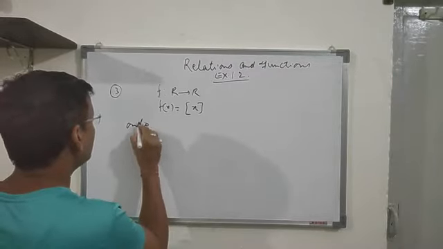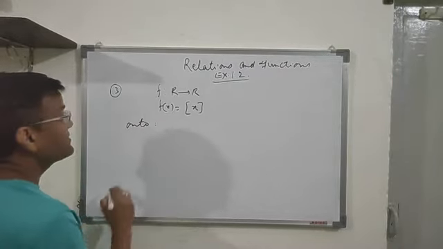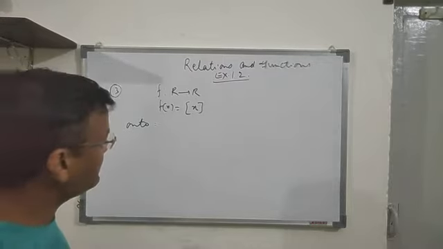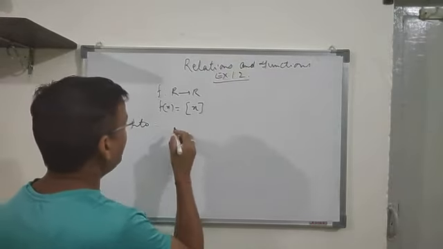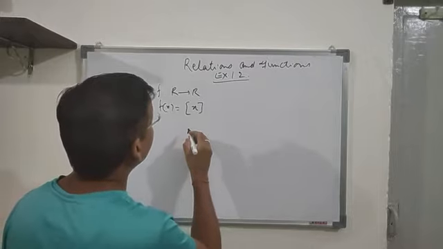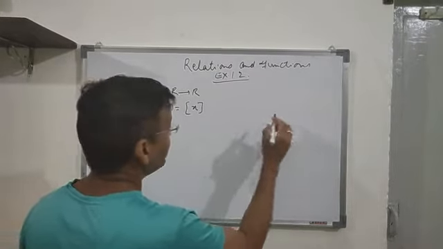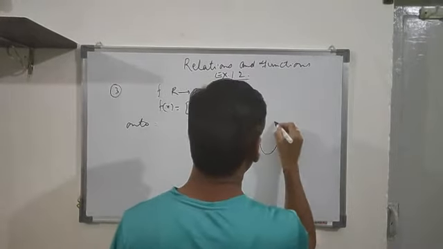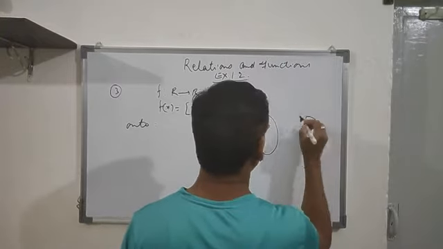Onto. So onto functions says that, let us assume, we can take the help of a diagram here. It is a set of real numbers.